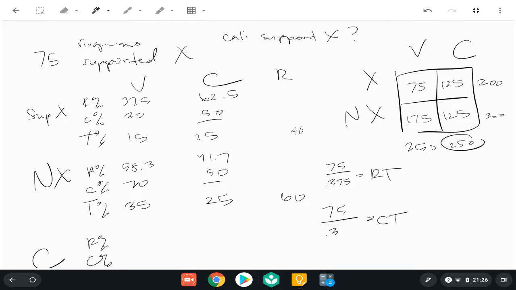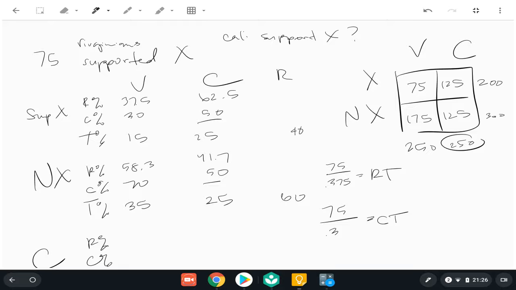So fewer Virginians supported, but it's hard to say. So column percentages were equal. 50%.